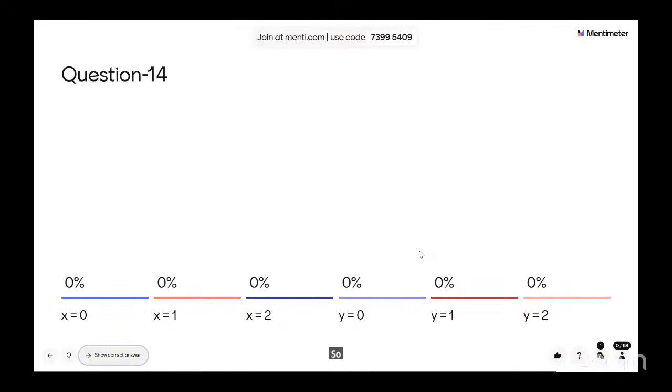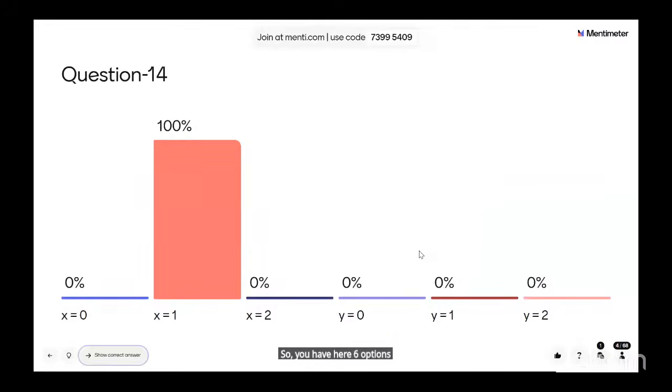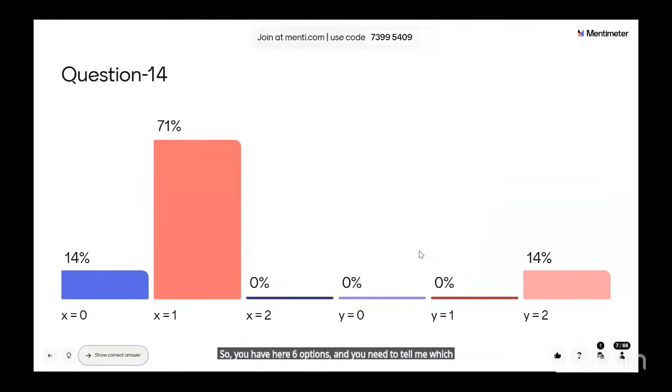So you have here 6 options and you need to tell me which out of these 6 are your cluster boundaries.